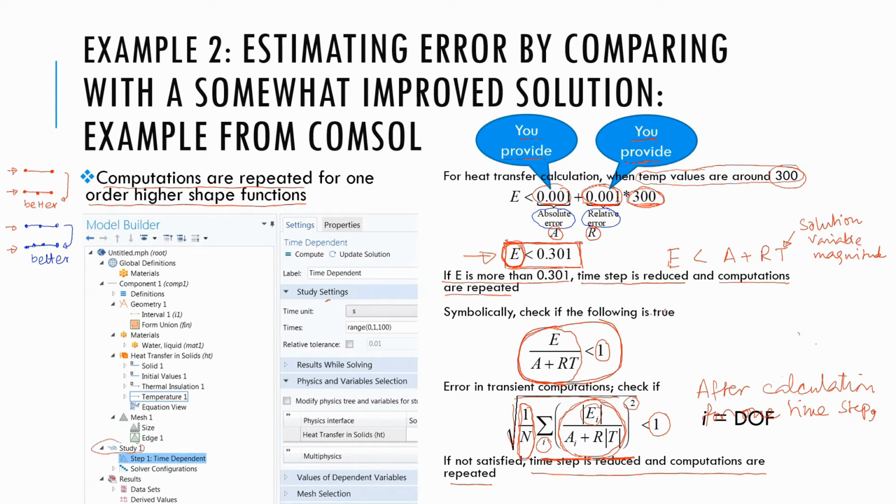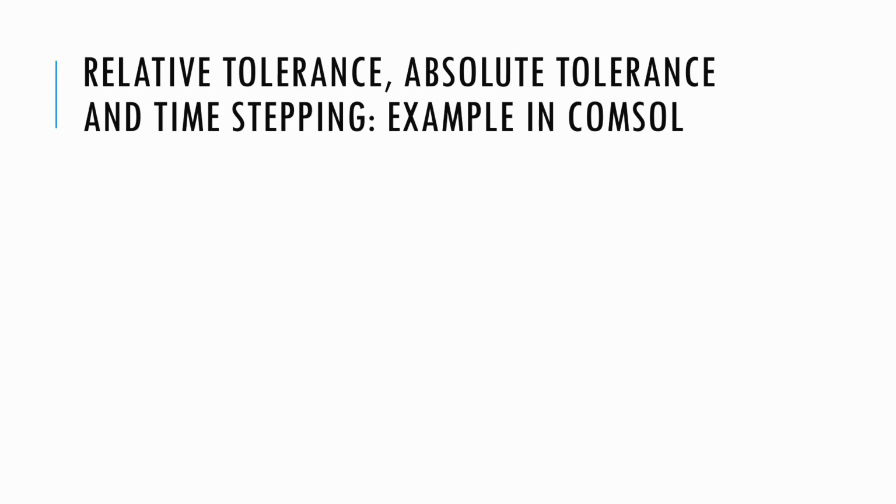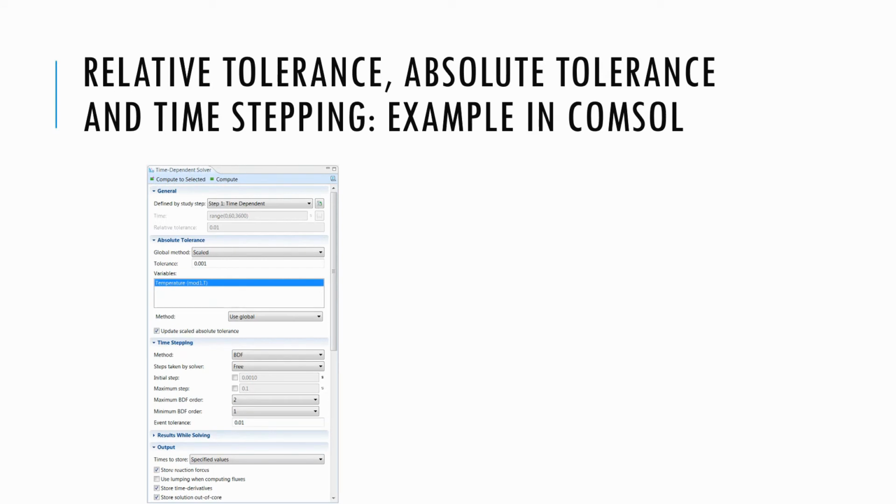So in the study, if we go to time dependent, if we click there, then we have access to this relative tolerance. We can provide the value of relative tolerance here. After that, you click on this time dependent solver to get this window where you input the absolute tolerance.